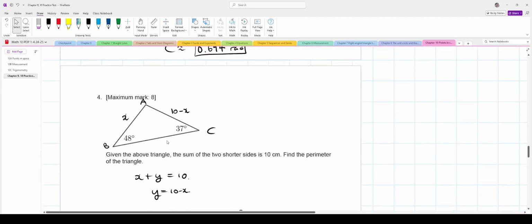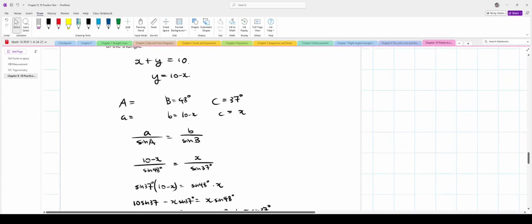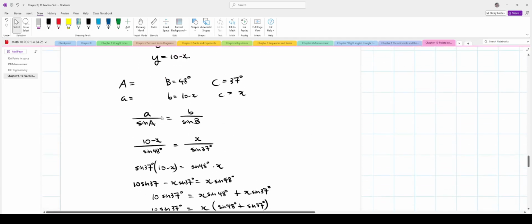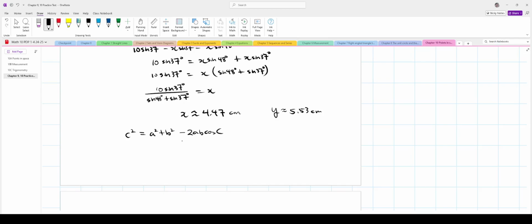So using the two lengths here, I think I'll need to find the lowercase a, right? So I think we can use the cosine law this time to find the unknown side. The unknown side, let's call it a.